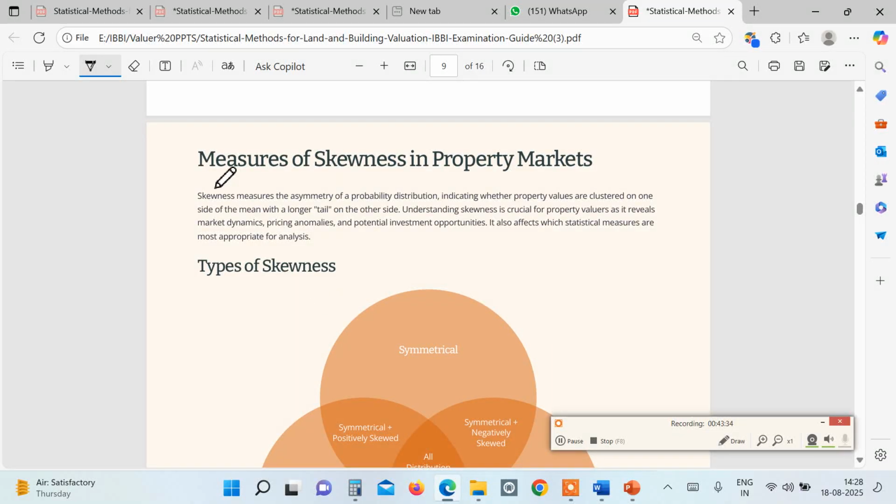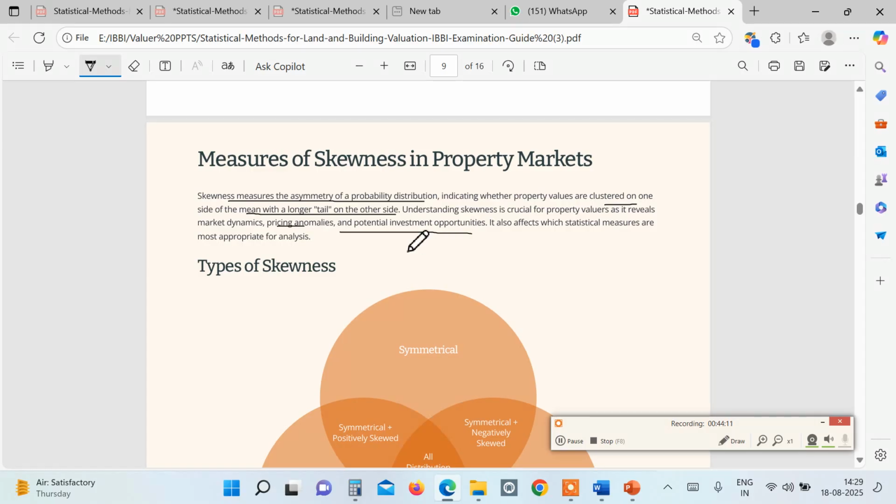Next thing is measure of skewness in the property market. Basically it measures the asymmetry of a probability distribution, indicating whether property values are clustered on one side of the mean with a longer tail on the other side. Understanding skewness is crucial for property valuers as it reveals pricing dynamics, anomalies and potential investment opportunities.